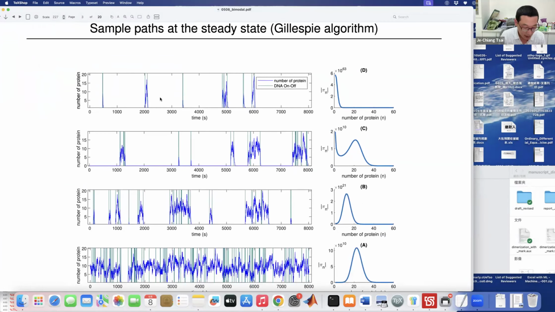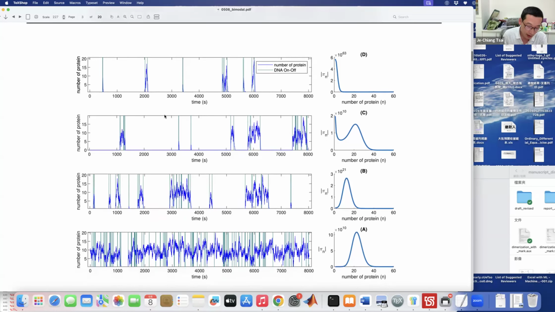These are some sample paths of the state of the network using the Gillespie algorithm. Depending on the parameters we use, we can have four types of state distribution.